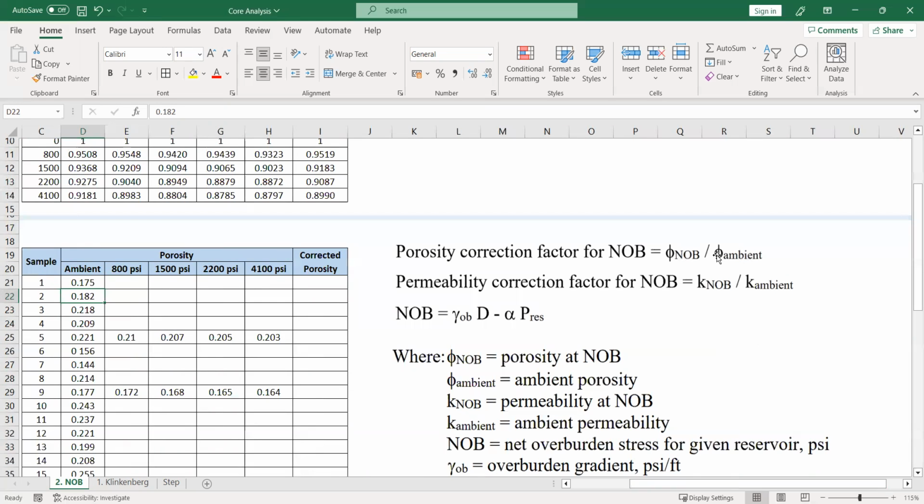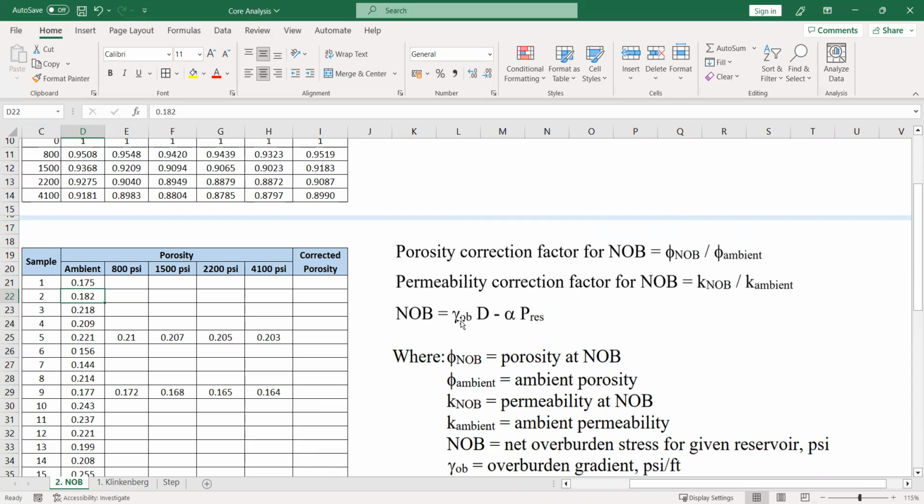It must be below 1, because porosity in ambient condition will be greater than porosity measured under overburden, because the rock will expand and the pores will expand under ambient pressure. And then the permeability correction factor for NOB has the same formula as porosity: permeability measured under overburden condition divided by permeability measured under ambient condition.